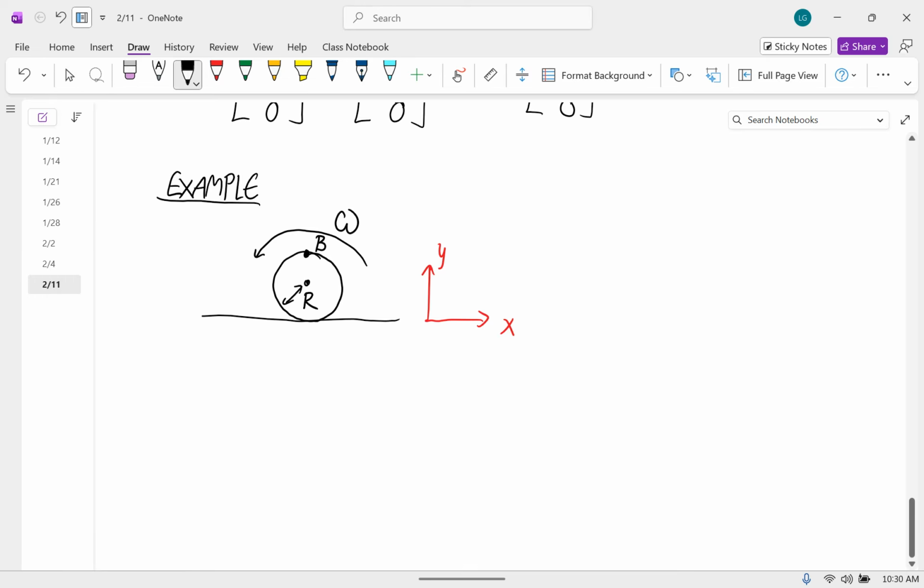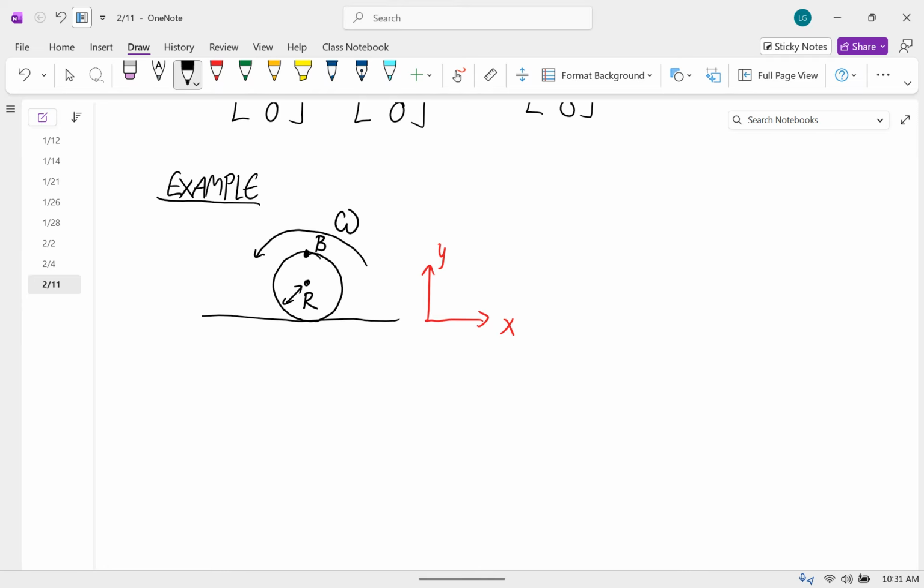So how does this relate to pedals on a bike, your feet on a bike? What's happening is we're imagining that this surface is moving with the speed of the bike, say 15 miles an hour. And then in addition to that, there's a circular motion of the pedals relative to the bike. So whatever speed we see for this point B is going to be in addition to how fast the bike is moving.